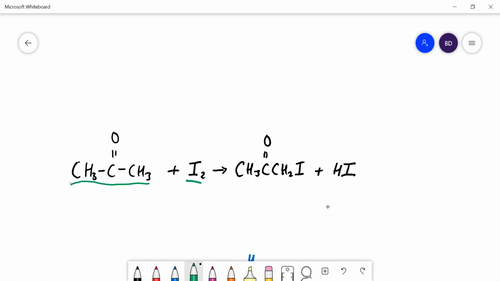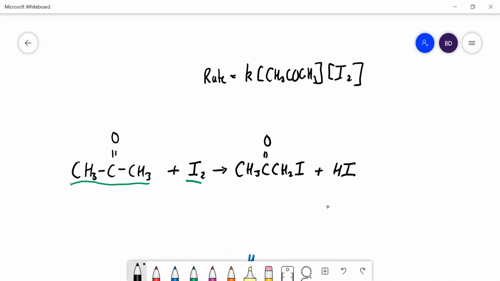Now, if it was a pretty straightforward reaction, you would expect this to be rate equals the concentration of propanone, first order with respect to that, and first order with respect to iodine. If an iodine molecule simply collided with a propanone molecule, that's what you'd expect.